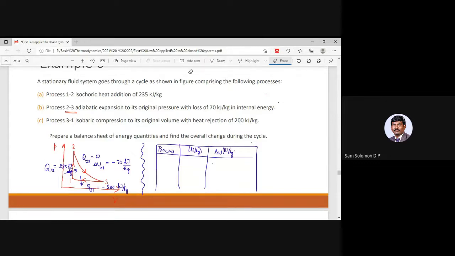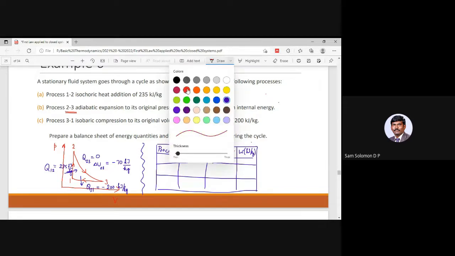Most of you are not following it. It should be small q because it is per kilogram basis. So this is small u. And then small w because kilojoule per kilogram. So this is the table that you have to draw. So this is what they mean when they say it is a balance sheet. And then you can fill this table.